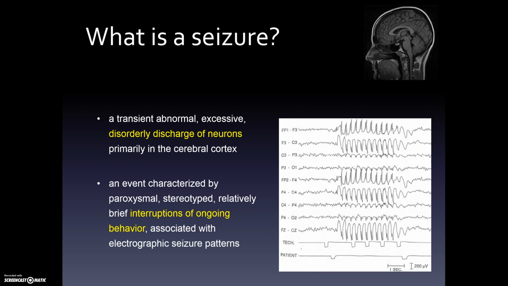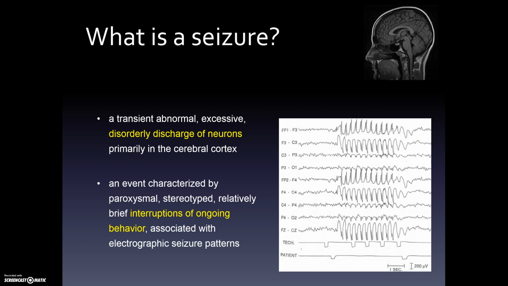Now, a seizure is defined as a transient, abnormal, excessive, disorderly discharge of neurons, primarily in the cerebral cortex. Clinically, it's described as an event characterized by paroxysmal, stereotyped, relatively brief interruptions of ongoing behavior associated with electrographic seizure patterns.